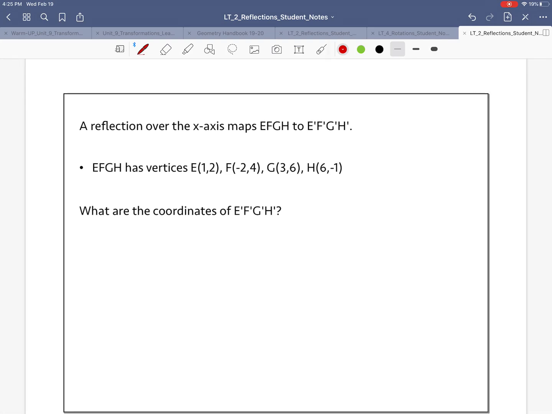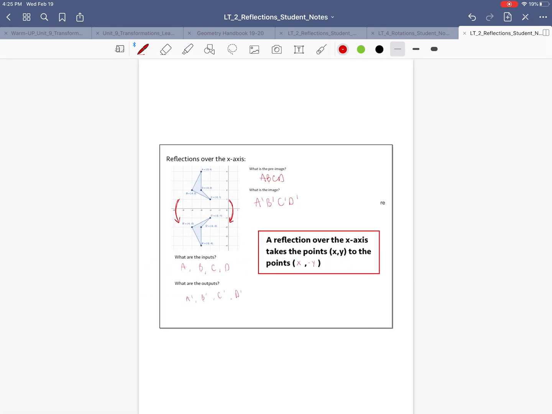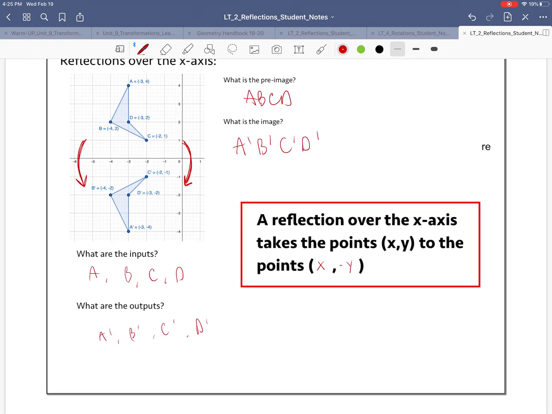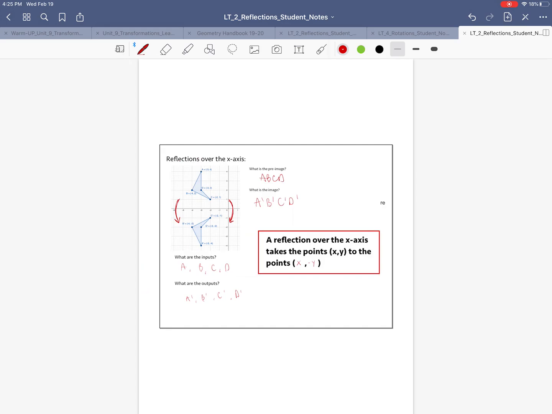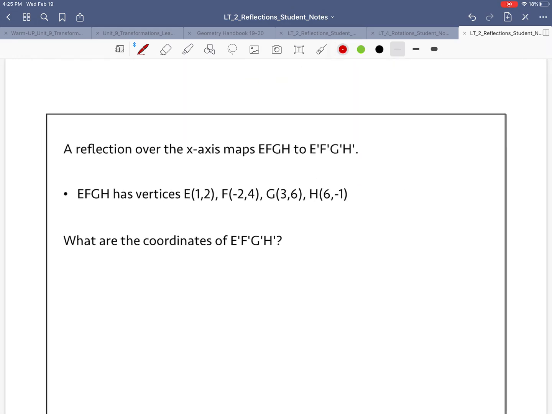So then if we did this example, E, F, G, H, over the x-axis, if you look back, our rule was takes the points x, y to the points x comma negative y. So we can look at all of these.